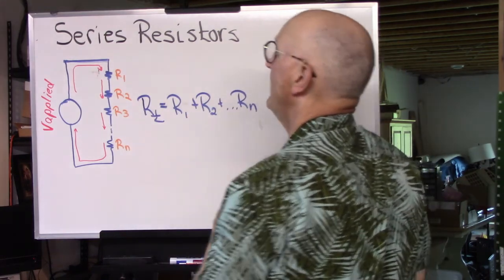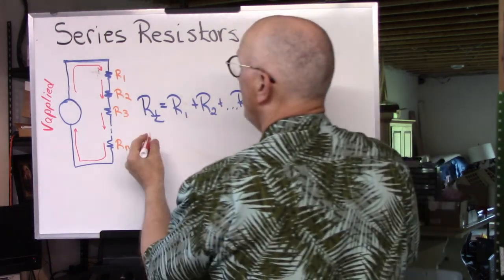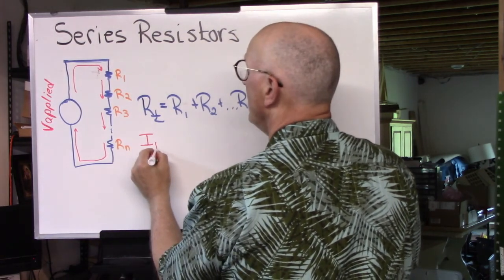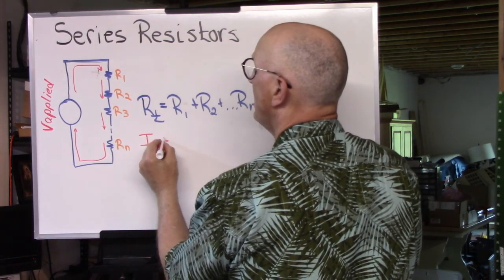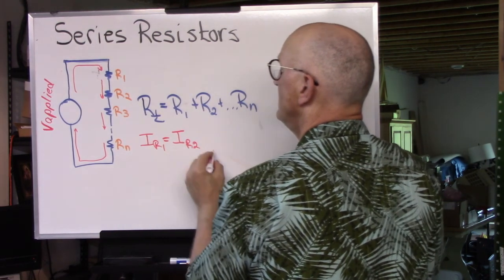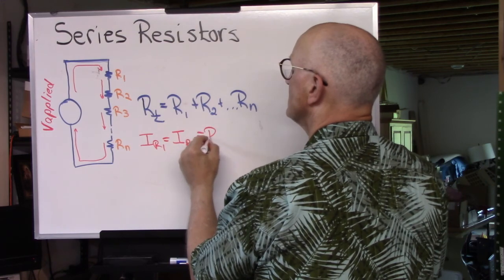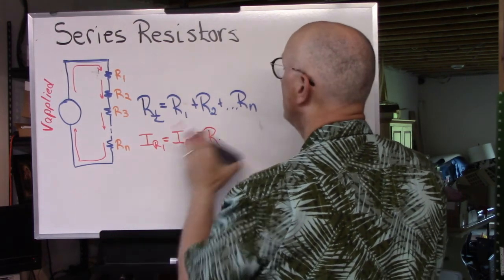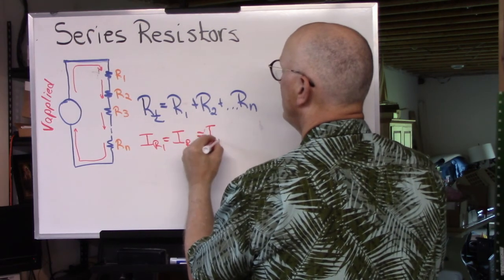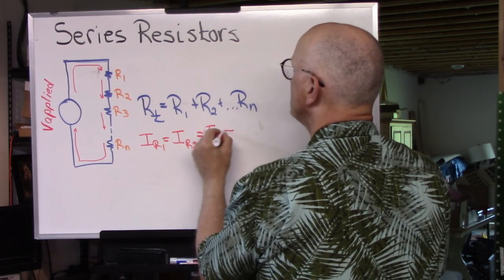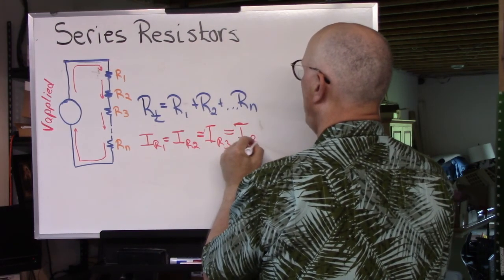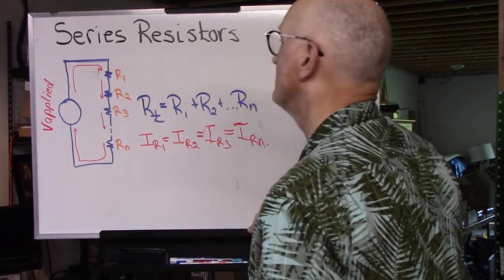And because of that, we can say that the current through R1 must be, by definition, the same as the current through R2, must be, by definition, the same as the current through R3, must be, well, the same as the current through any one resistor.